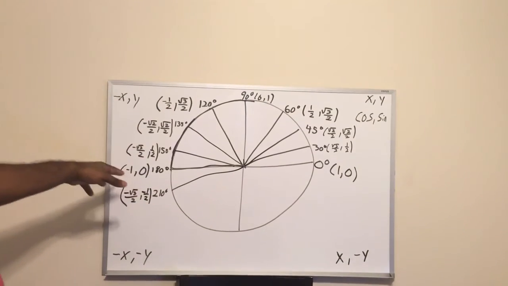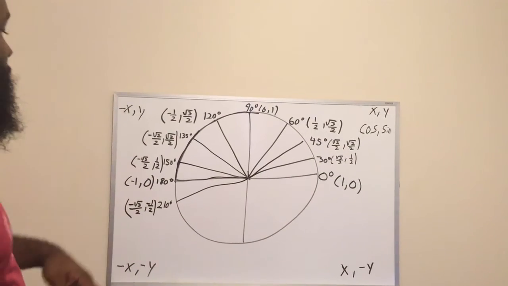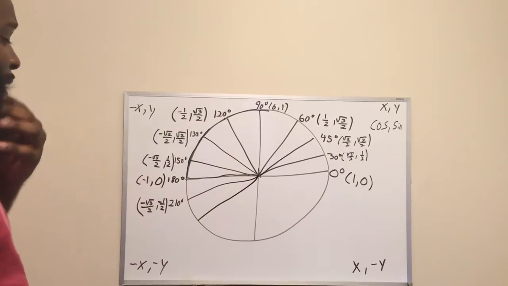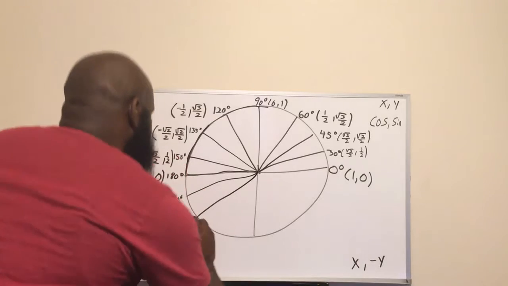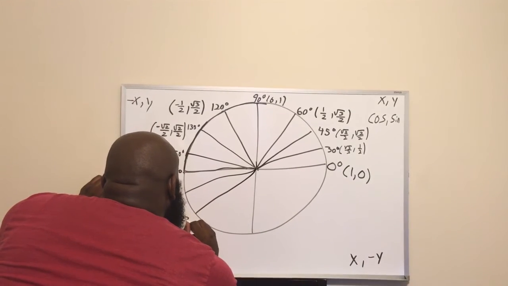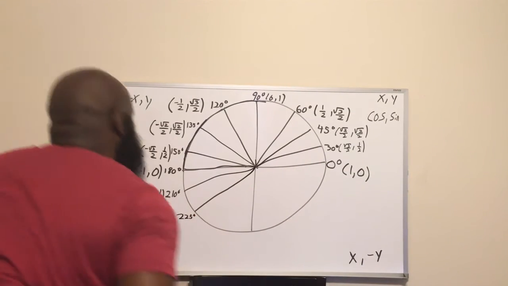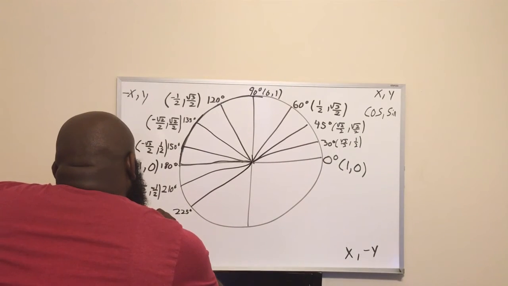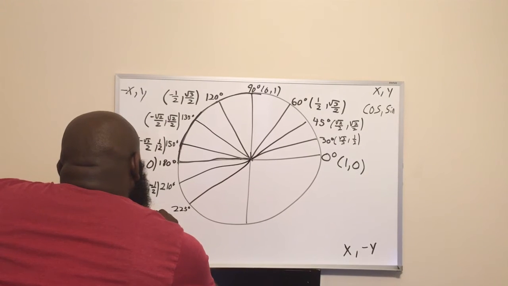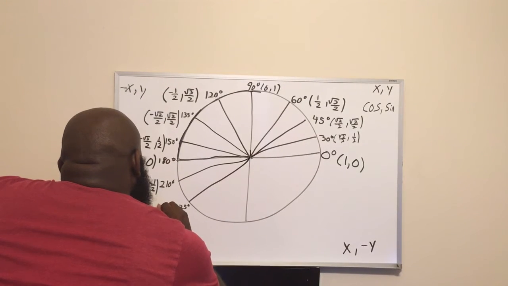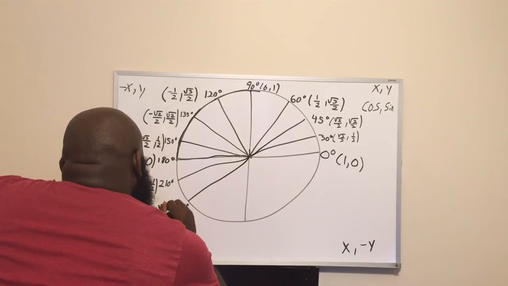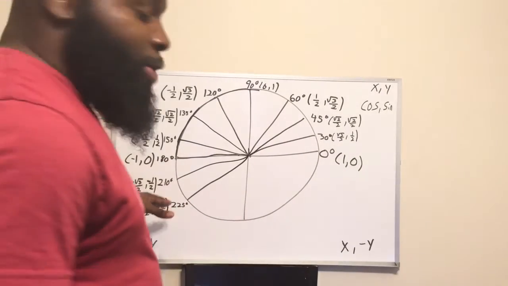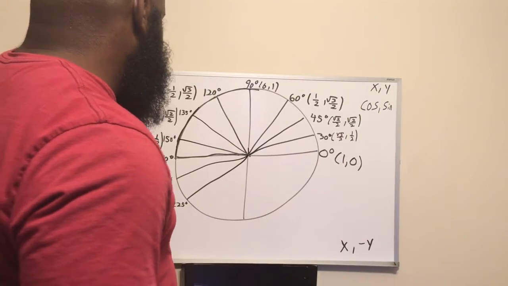Your next point, we're at 225 degrees. Your cosine is -√2/2 and your sine is -√2/2. So your sine and cosine are both -√2/2 at 225 degrees.